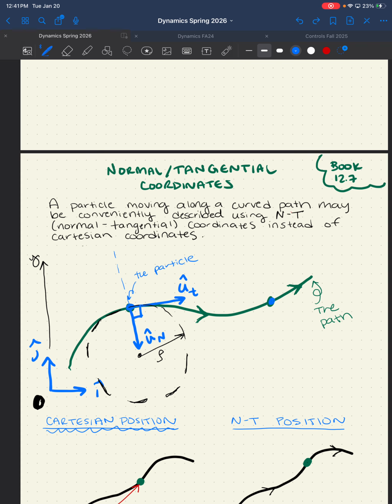If I were to take this vector and copy it and paste it over here, is that my tangential direction? No, it's no longer tangent to the path. I have a new tangent at this new point. So I need to redraw a new tangent. Tangent to this path looks more like this, u hat t.